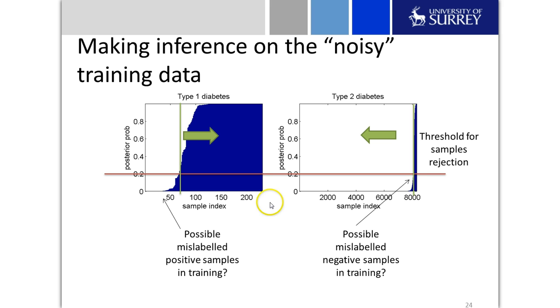So we're left with effectively two subsets of training data. Here for the positive samples and there for the negative samples, and we will only use these to train the next version of the classifier.